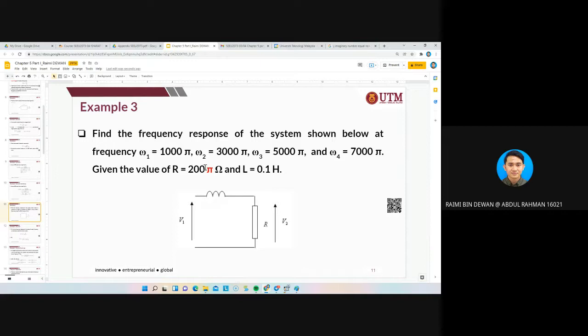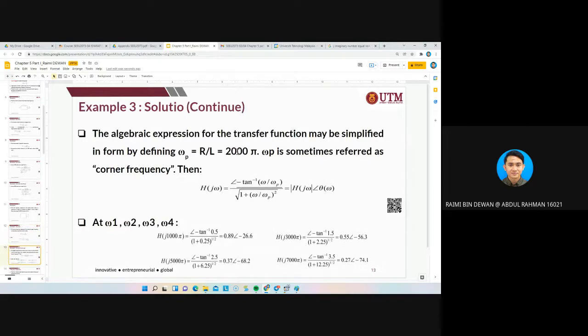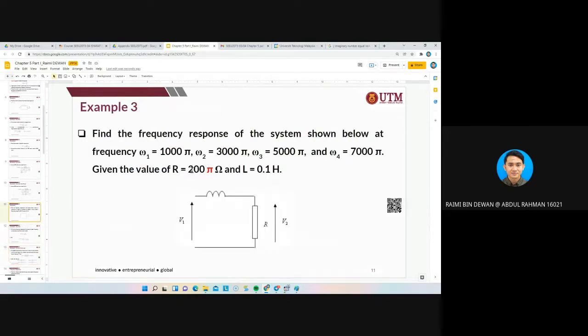So that's why you have 2000 pi, because 200 pi divided by 0.1 gives 2000, so 2000 pi.